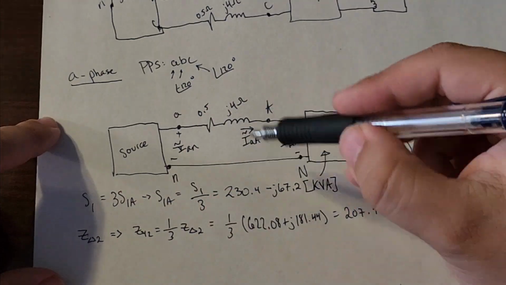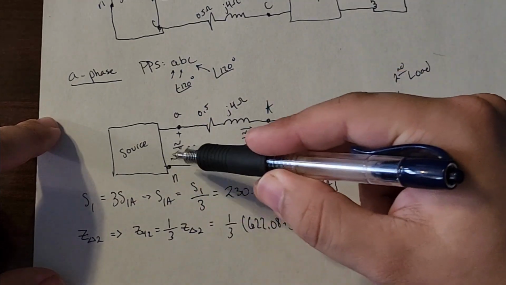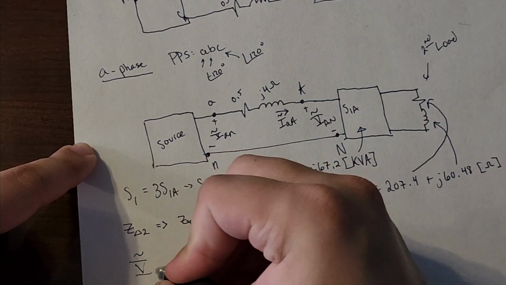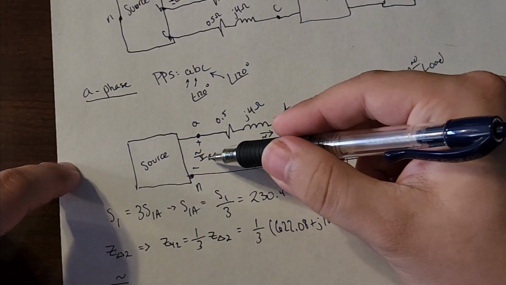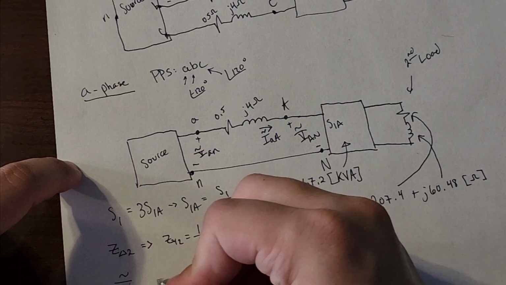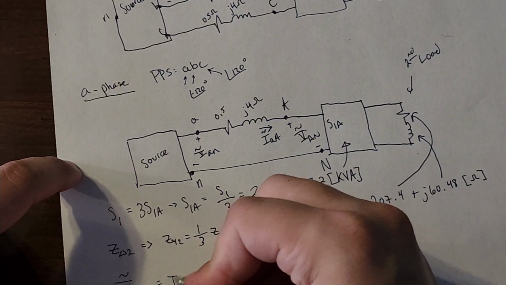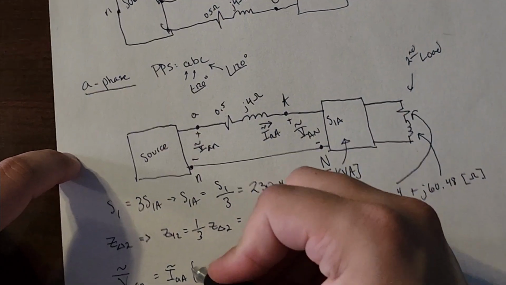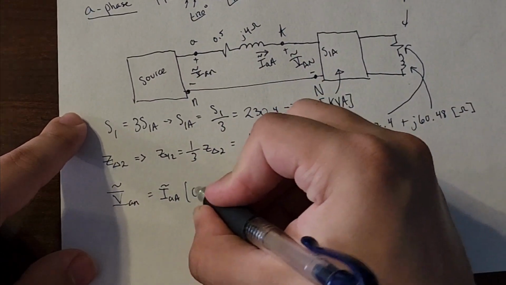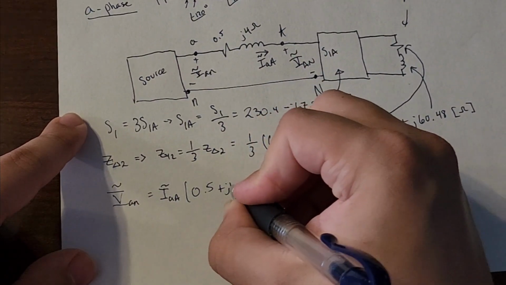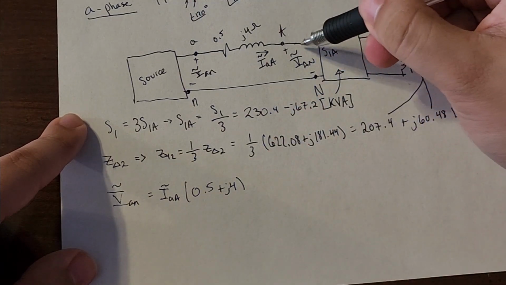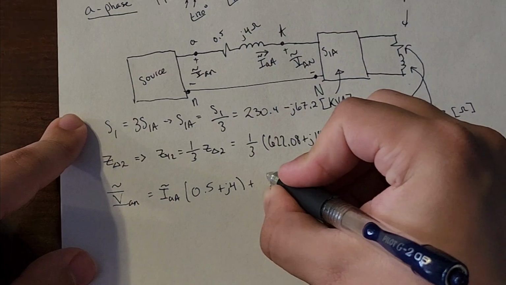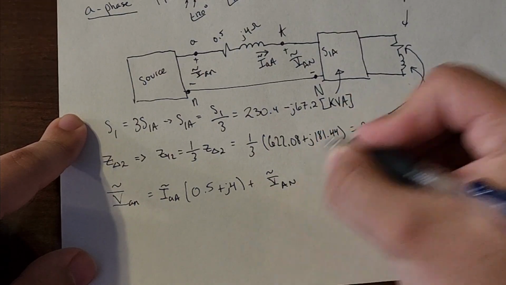Let's create an equation based on our A phase to get this. What do we know? If we create a KVL, we know VAN is equal to the voltage drop across our line, which is our current times our impedance here, sorry if you can't see this, 0.5 plus j4, plus VAN, the voltage across AN.